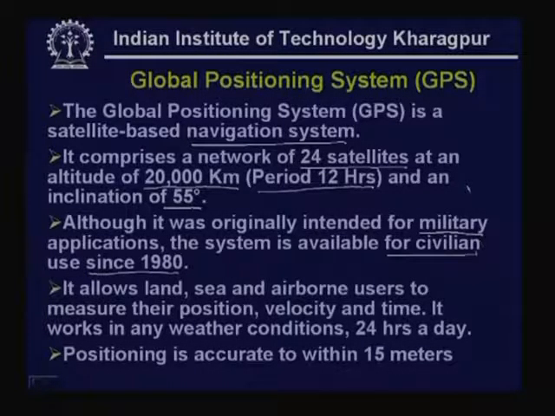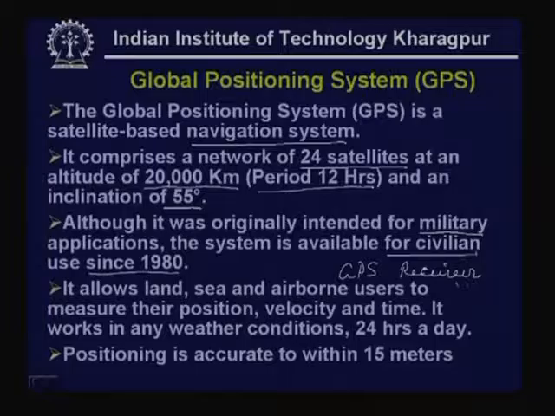With the help of this GPS system, one can do global positioning, and from that it derived its name. It allows land, sea and airborne users to measure their position. That means, 3-dimensional position can be measured, velocity can be measured, and the exact time can also be measured with the help of a GPS receiver.